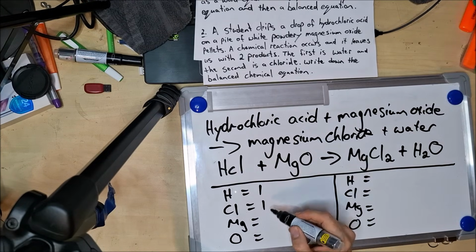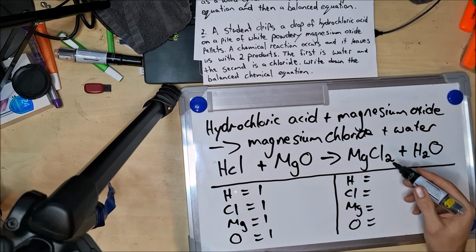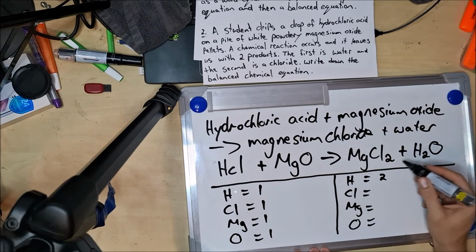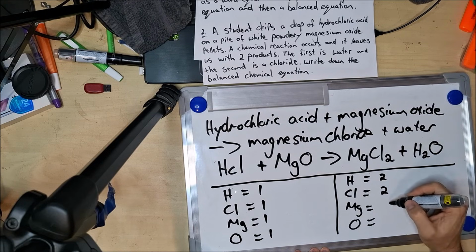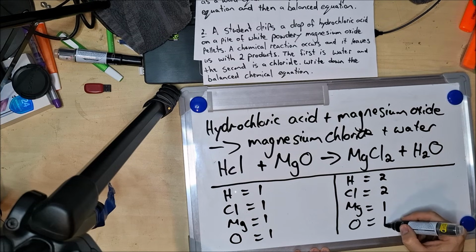Chlorine, I've got 1. Magnesium, I've got 1. Oxygen, I've got 1. This side, hydrogen, I've got 2. Chlorine, I've got 2. Magnesium, I've got 1. Oxygen, I've got 1. Oxygen in this case, no stress. That's not an issue.